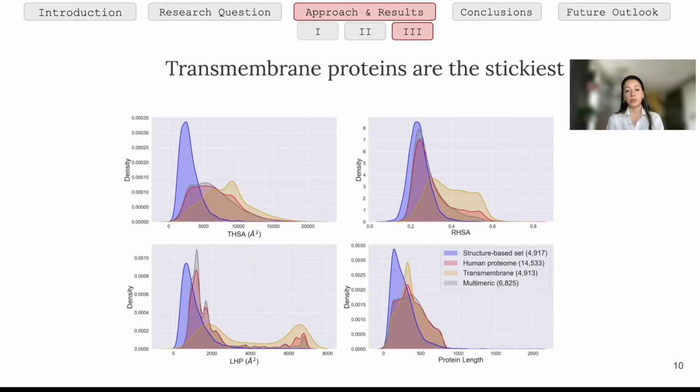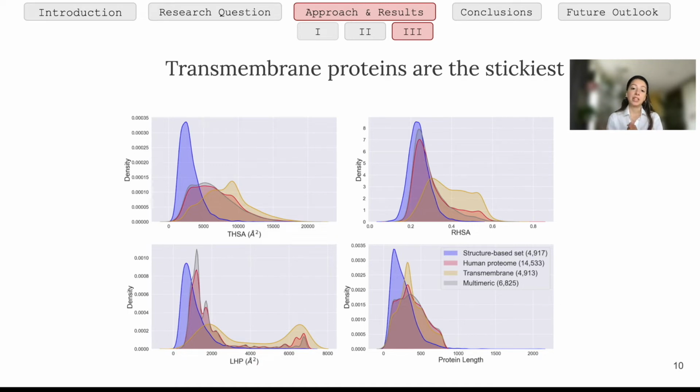Moreover, the structure-based dataset in blue does not show a peak of very large hydrophobic patches at around 6,500 angstrom, as observed for the human proteome dataset. Importantly, structure-based data analyzed by MolPatch neither contains transmembrane nor multimeric proteins. Both groups of proteins might be expected to have very large hydrophobic surfaces.